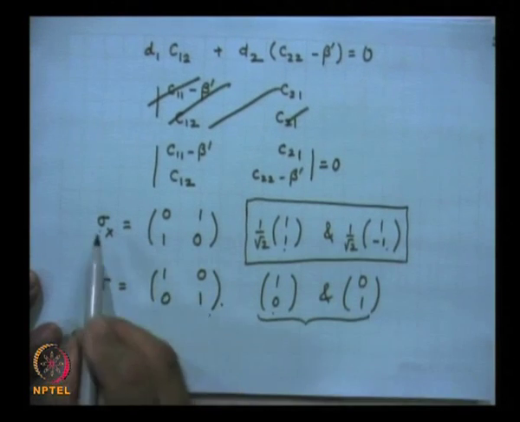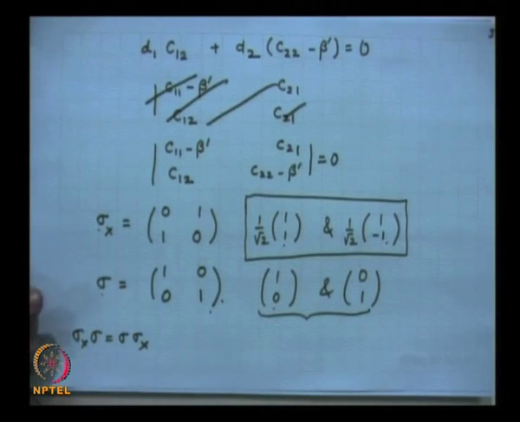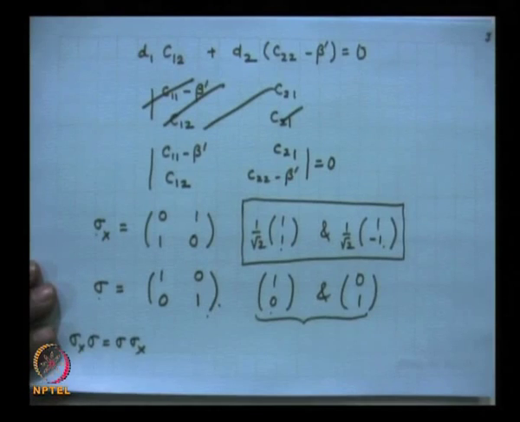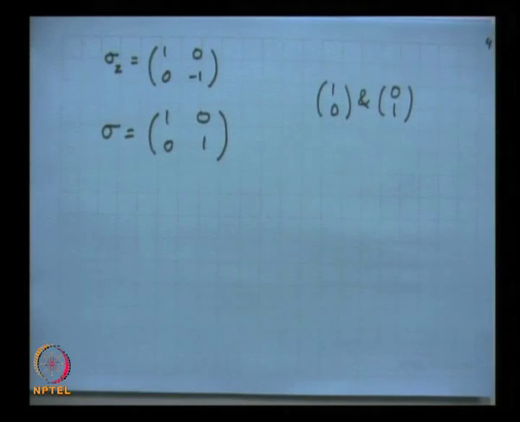This and this are simultaneous eigenkets of sigma and sigma x. So, we have shown that if two linear operators commute, then we can always construct a complete set of simultaneous eigenkets.